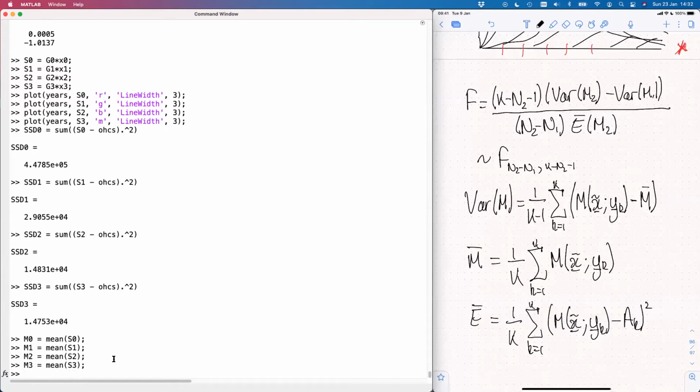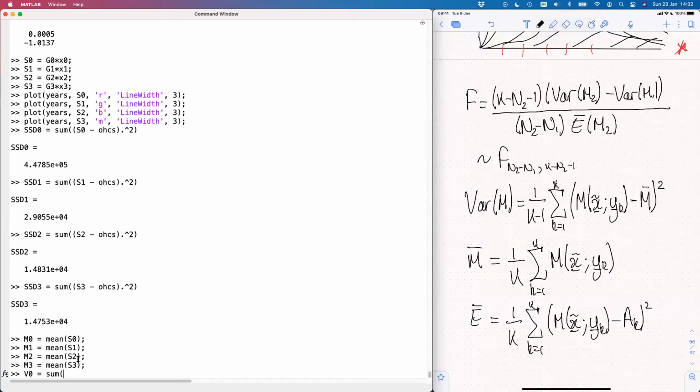Now I can compute these variances for each of our 4 models. So V0 would be the sum of, sorry, I'm missing a square here in the variance one. There we go.